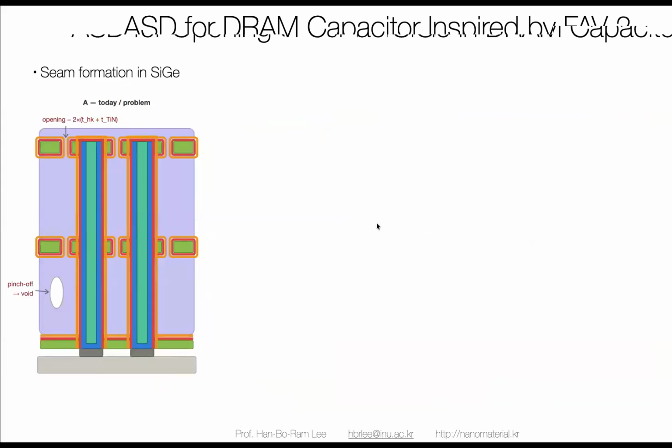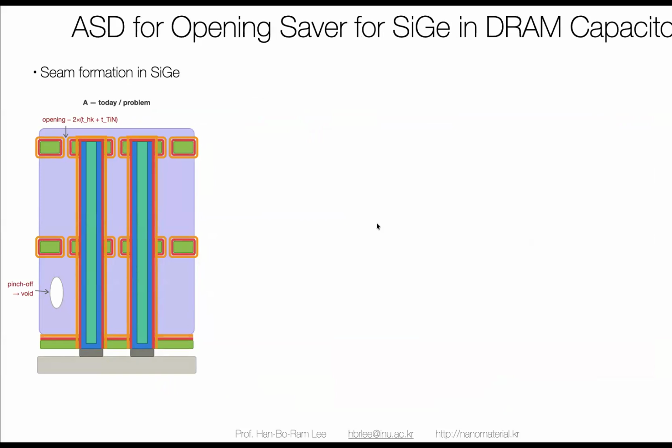And this is another idea. Because this capacitor is a really high aspect ratio structure, it doesn't have any strong mechanical property. Because of that, we have to have the filling material. For example, this is the filling material filled by silicon germanium, but this is not electronic grade silicon germanium, but that is the fill with the silicon germanium.